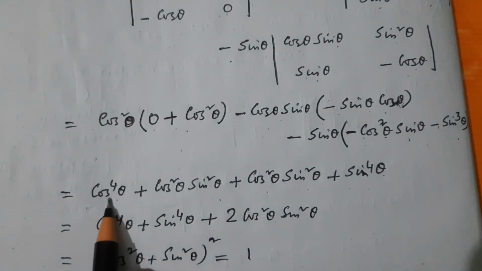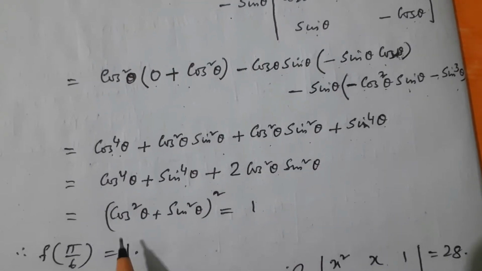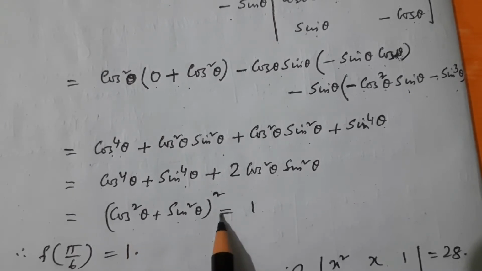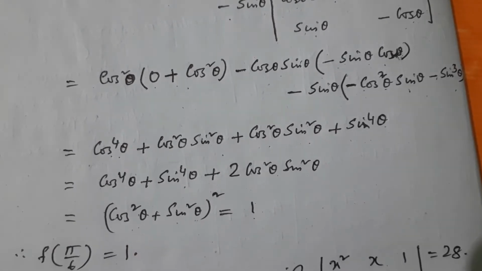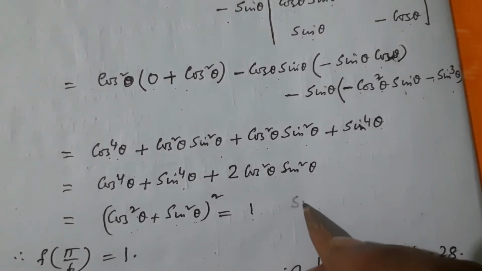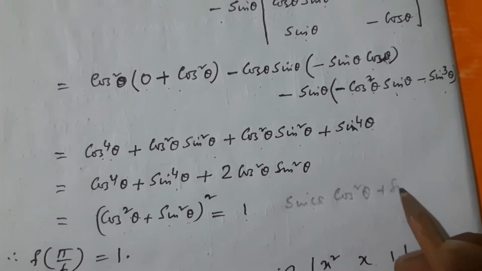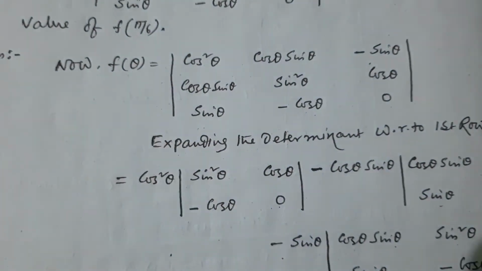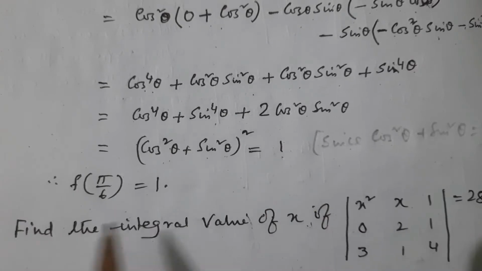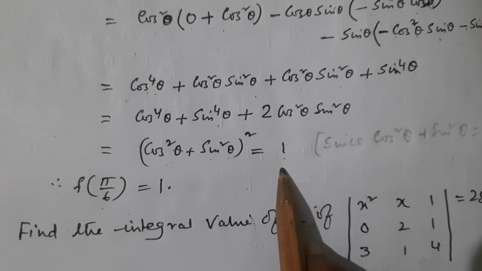So cos to the power 4 theta plus sin to the power 4 theta plus 2 cos square theta sin square theta can be written as cos square theta plus sin square theta whole square, that is equal to 1, since cos square theta plus sin square theta equals 1. So therefore f of theta is equal to 1. Therefore f of pi by 6 is also 1, since it is independent of theta.